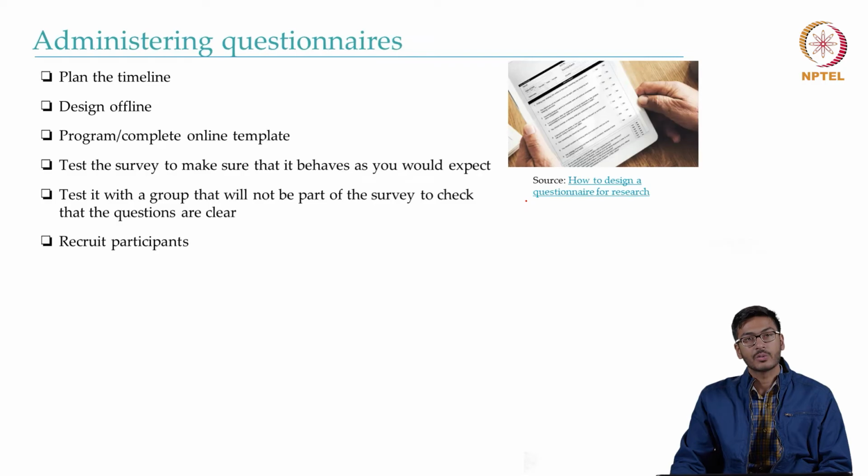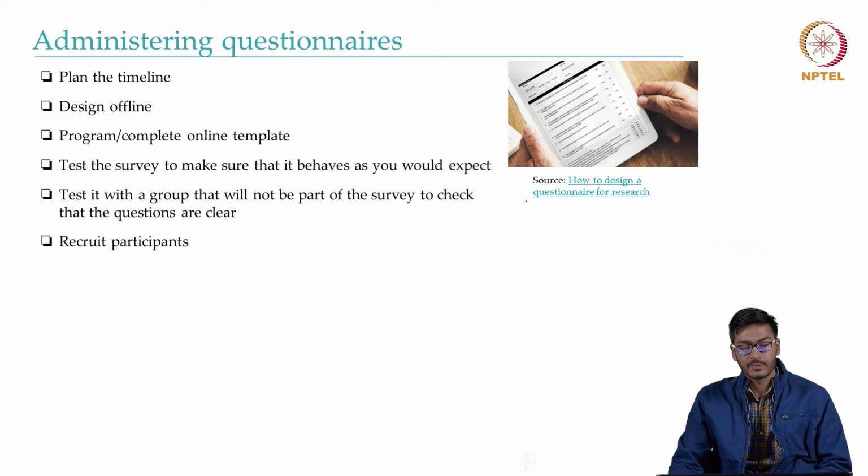Next, we look at how to administer the questionnaires. First of all, we need to plan the timeline and design it offline. Next, we also need to complete the online template if we are using one. Finally, we test the survey to make sure it behaves as one would expect, and then we test it with a group that will not be a part of the survey to check if the questionnaires are clear.